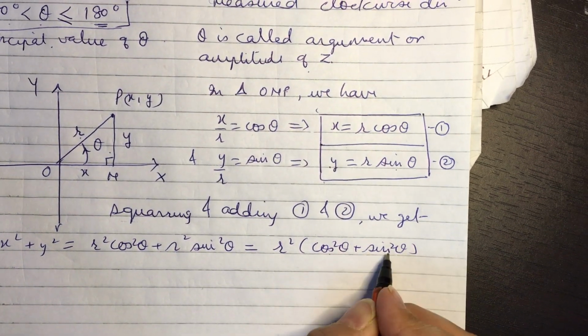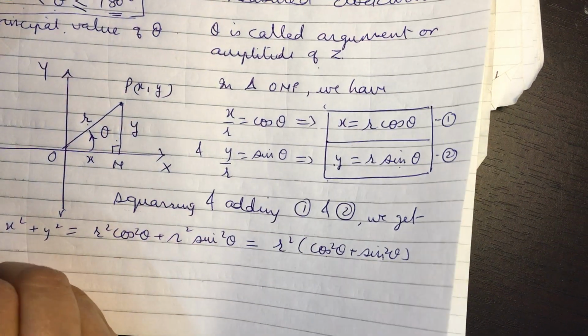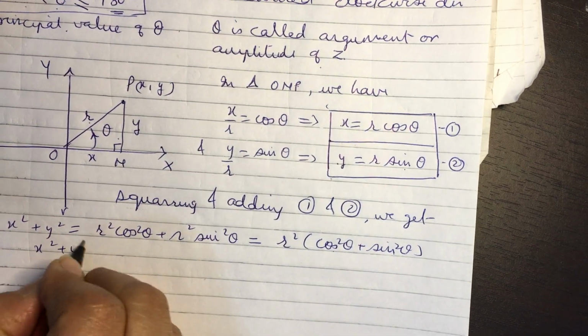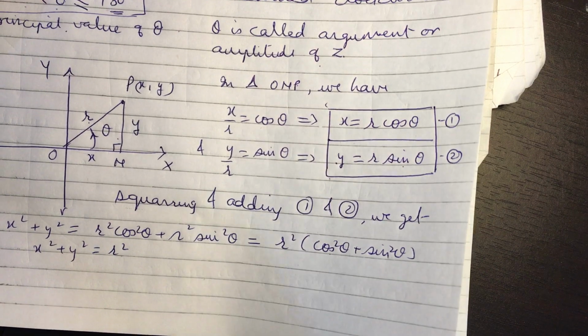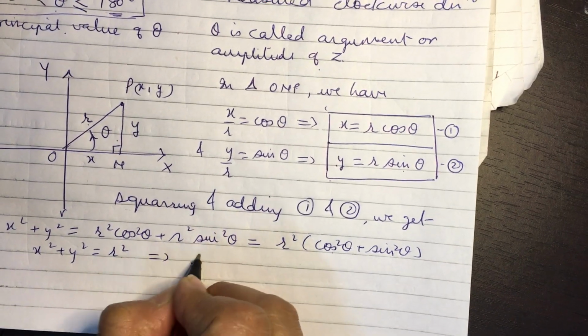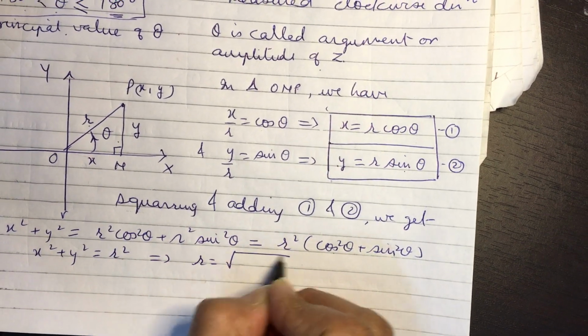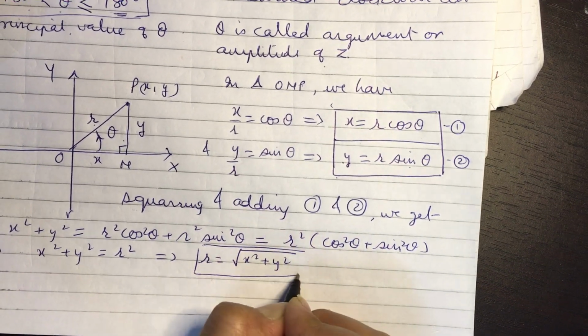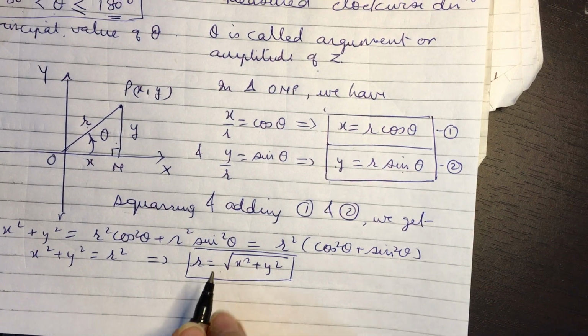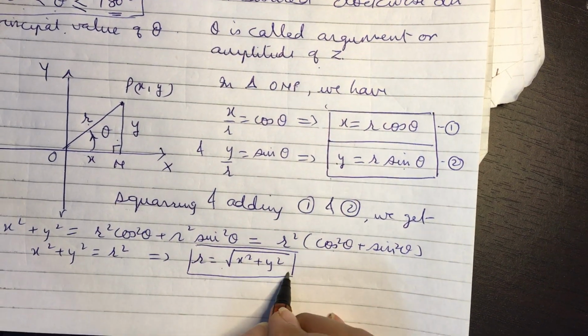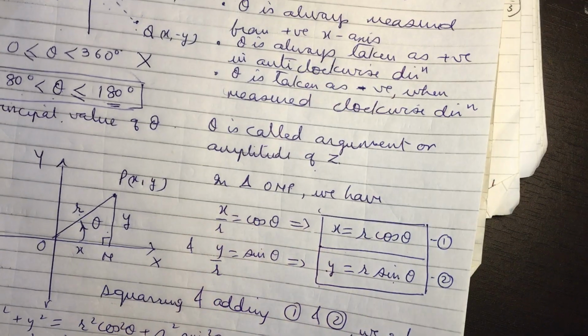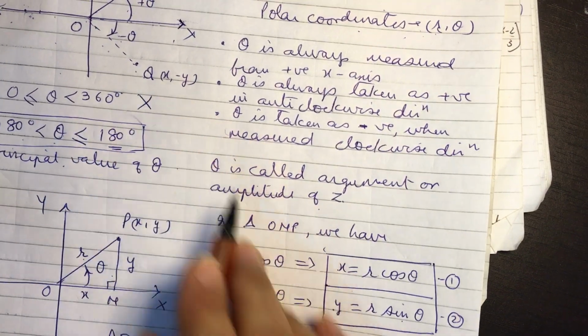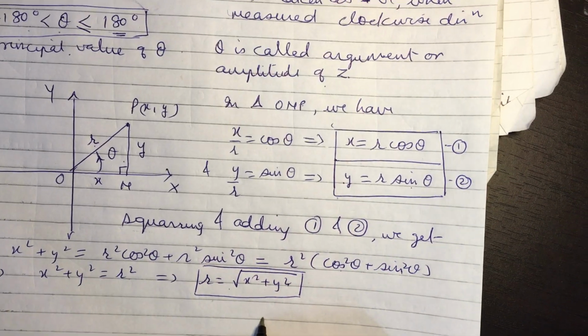But we know that cos square theta plus sin square theta is 1, and so x square plus y square equals r square, which gives us r equal to square root of x square plus y square. This is another way of finding r in terms of x and y, though we found it using the Pythagoras theorem earlier and got the same answer.